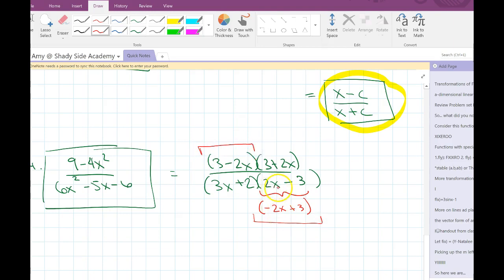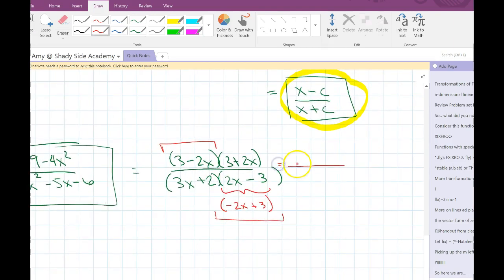I can make this factor, negative 2x plus 3, by merely factoring or undistributing a negative 1 out. So my denominator is going to become 3x plus 2, I'm going to factor out negative 1, and I will have then negative 2x plus 3. And if I go above, I recognize that negative 2x plus 3 and 3 minus 2x are the same, and then those could indeed cancel.